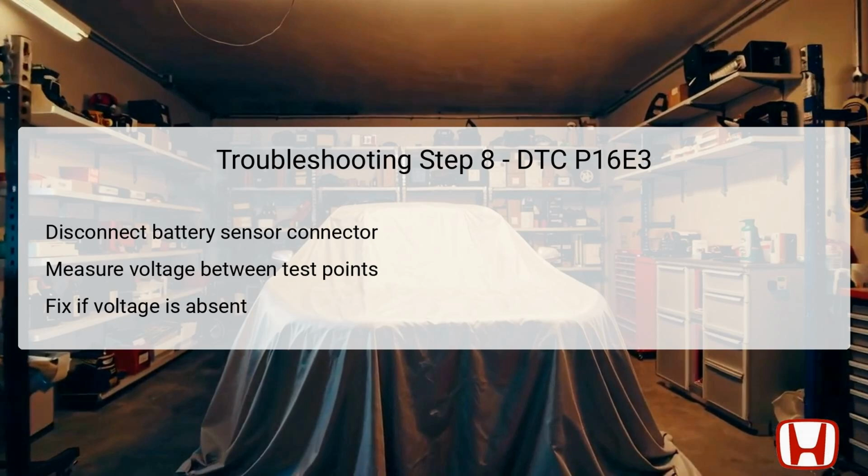If battery voltage is measured, it indicates that the +B horn wire is functioning correctly. However, if battery voltage is not present, this suggests an open circuit within the +B horn wire, necessitating repairs between the battery sensor and the associated fuse for full restoration of operation.